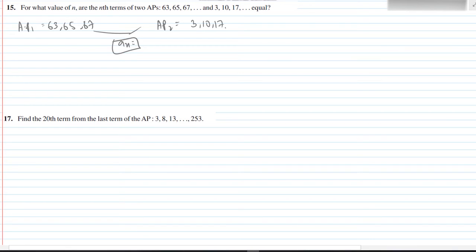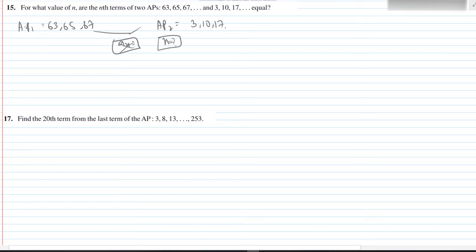Because the nth term, the value of the nth term, where the two APs have the same n value. You should find n. In both cases, n is the same and a_n is not the same.